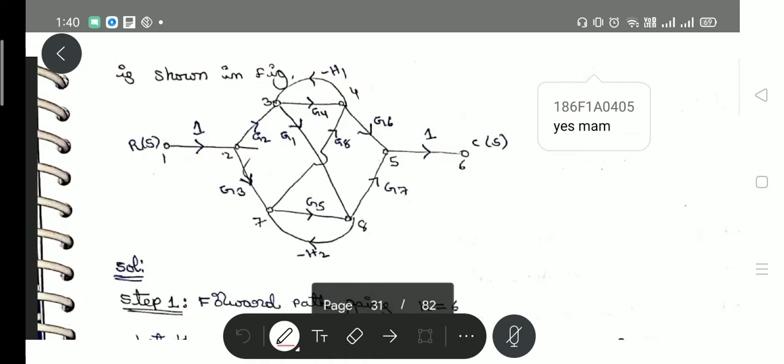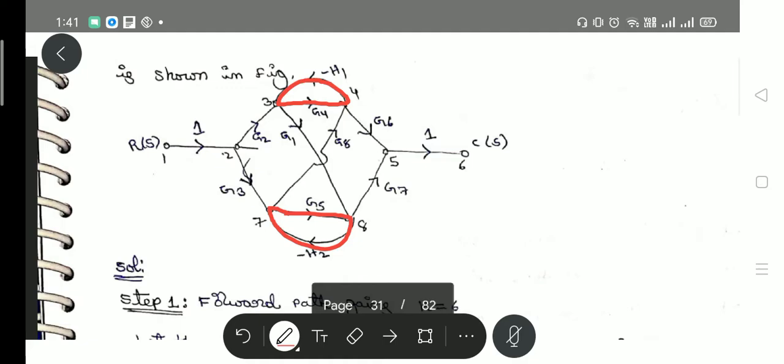Yes, what are they? What are the 2 non-touching loops? 3 4, right? And 7 8, right? Exactly. 3 4 and 7 8. These two are the two non-touching loops.